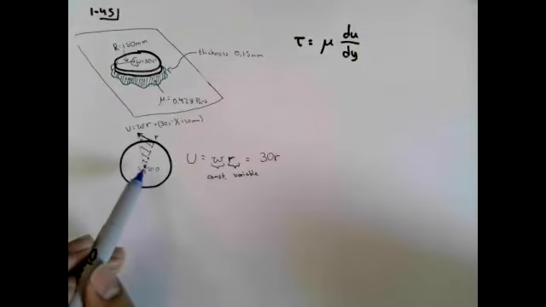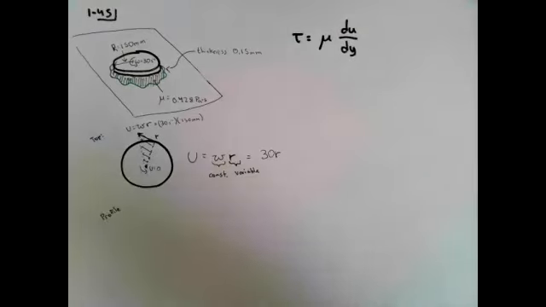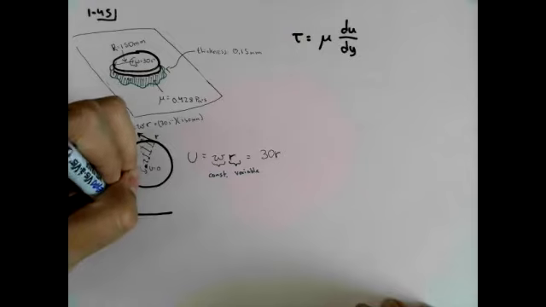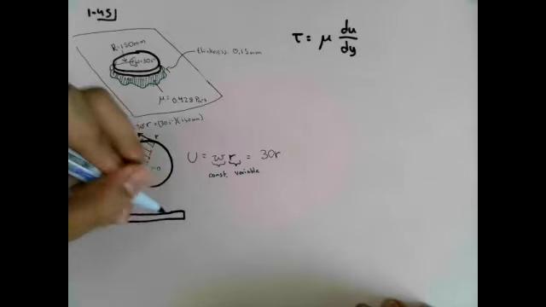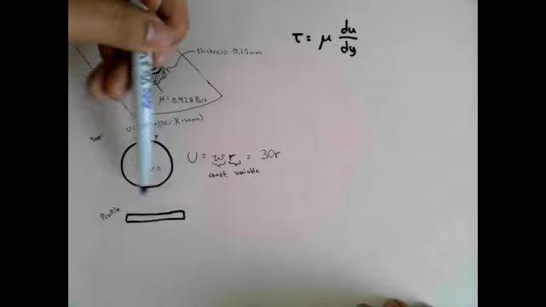So I was looking at this disk from above. This is a top view. But now let me look at it from the side. This is a profile view. If I look at the disk from the side, what I essentially have is my disk, and it is rotating in this direction.